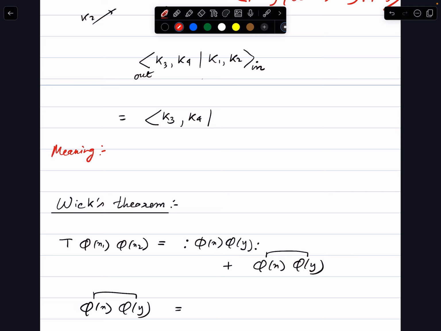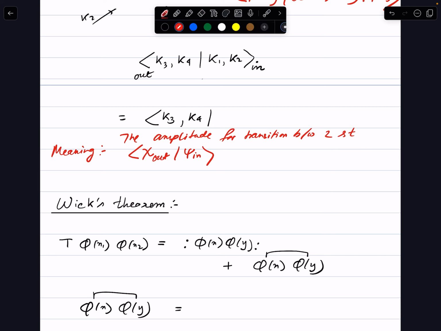So I assumed that in the far past and far future, interacting states look like free states. And then I showed that if I want to calculate the probability amplitude of transition from one interacting state to another, which were my chi out and psi in, that's what I mean by interacting states.